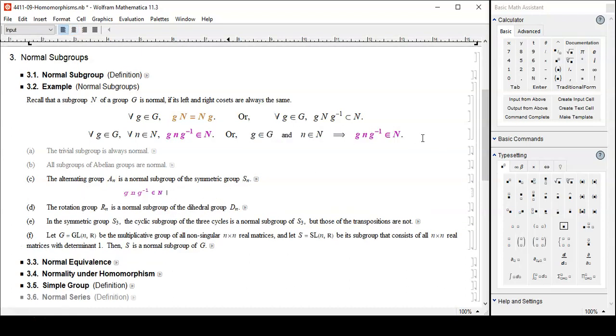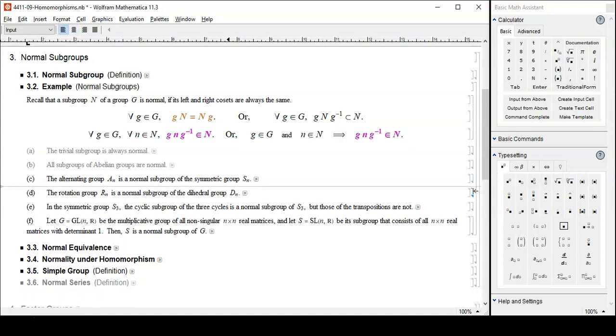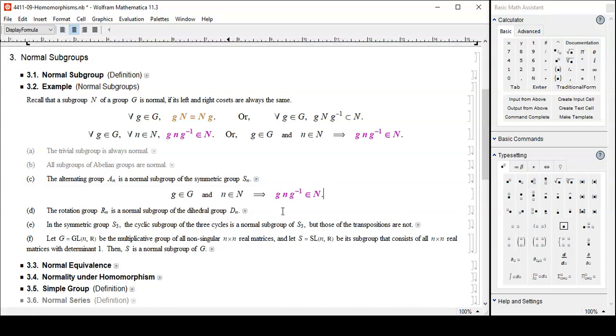Then g belongs to S_n, and then n belongs to A_n. N can be rather confusing because it coincides with a number.